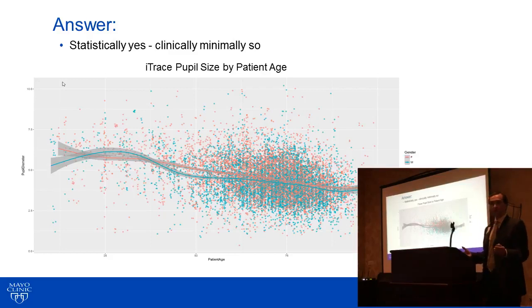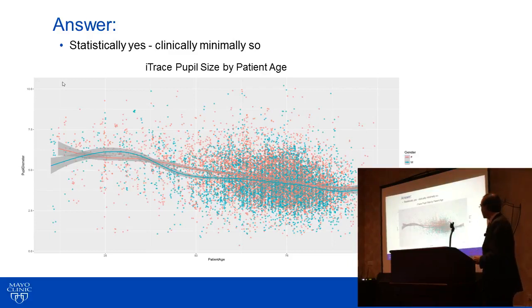Now, in general, when we think about things going down, we think that's bad, right? Well, it's bad if you're the cataract surgeon, but if you get through the cataract surgery, the reality is, if iTrace has taught me anything from looking at all these exams, the huge majority of my patients and myself would probably do better from a visual quality point of view and live life better with a small pupil versus a large pupil.